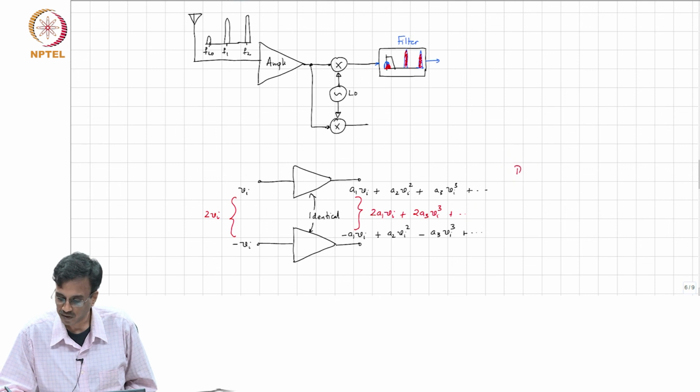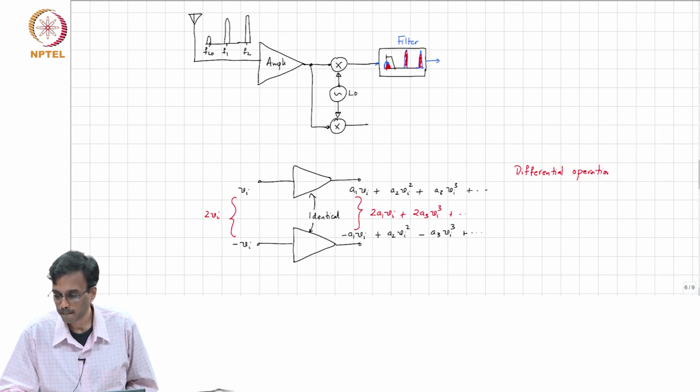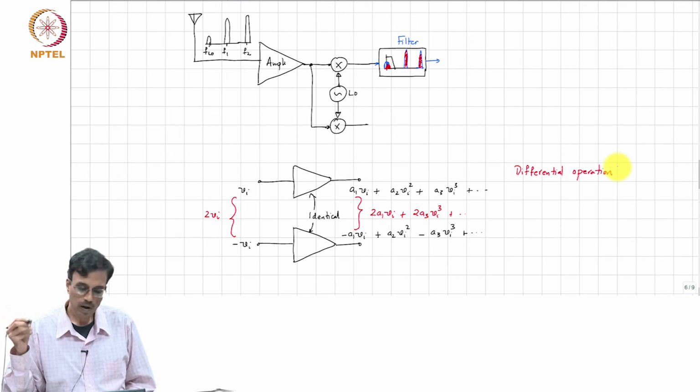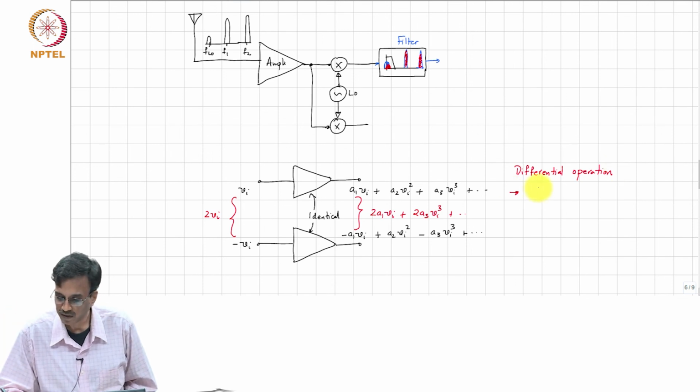This is what is called differential operation, and this eliminates all even order distortion.